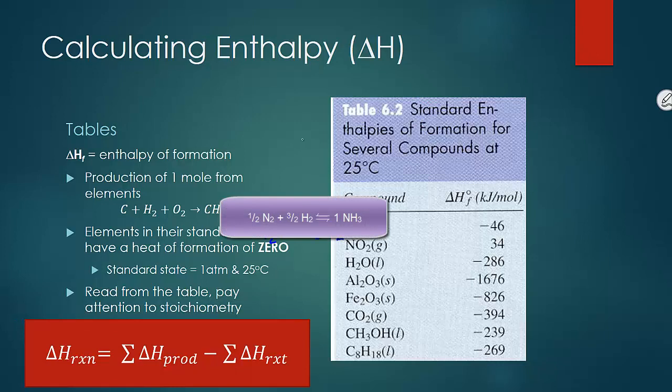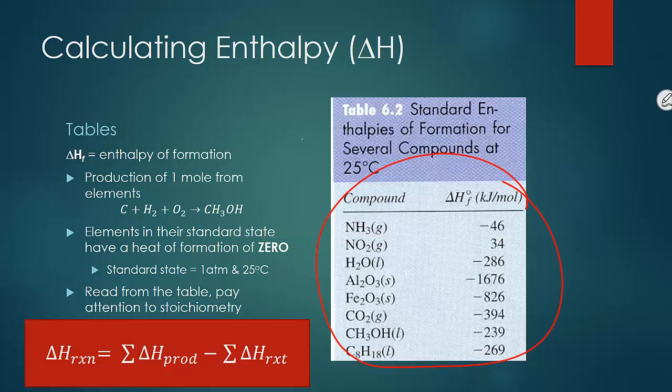Now again, that heat of formation is the amount of energy needed to form 1 mole of ammonia, and therefore the heat of formation reactions aren't always balanced with whole numbers. In the case of ammonia, it's half of a nitrogen molecule and 1.5 moles of hydrogen gas to form the 1 single ammonia.